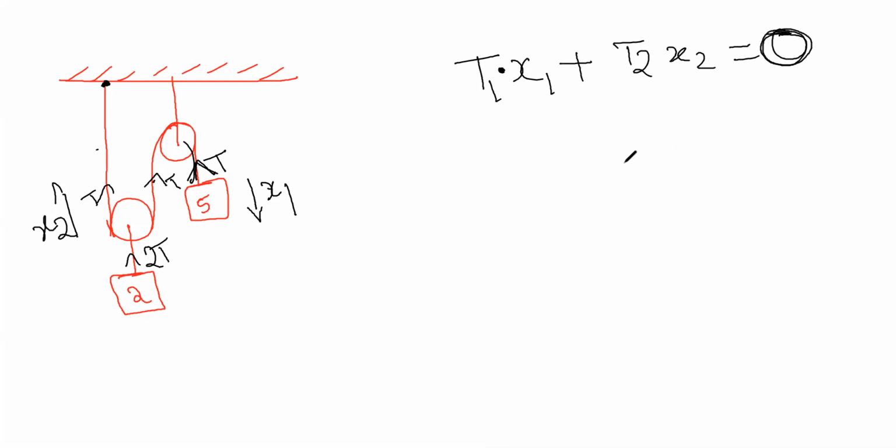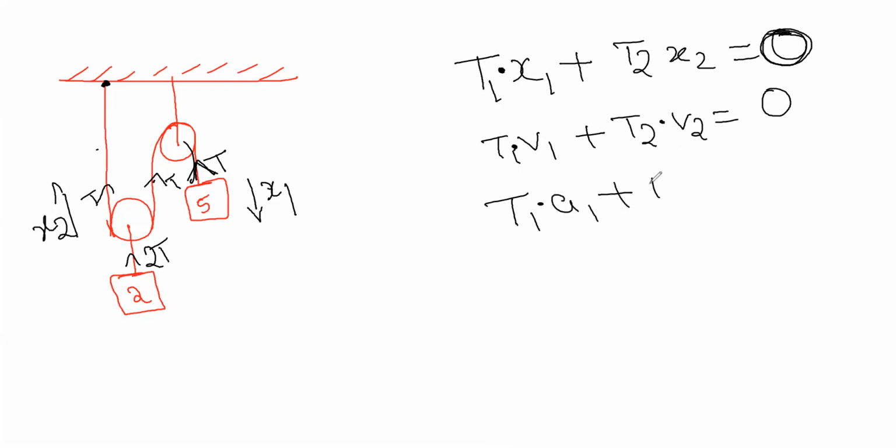In the same way, if you differentiate this, you will get T1 dot V1 plus T2 dot V2 should be equal to 0. In the same way, if you differentiate this one, T1 dot A1 plus T2 dot A2 should be equal to 0.